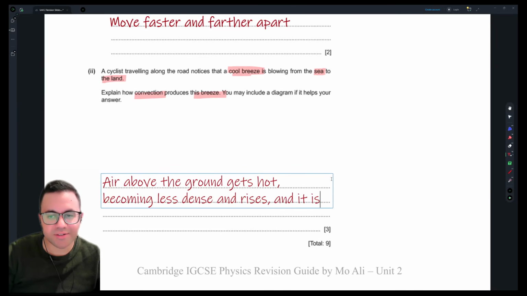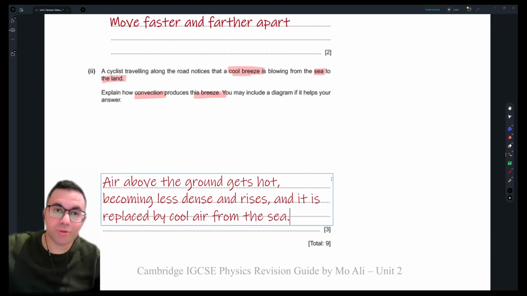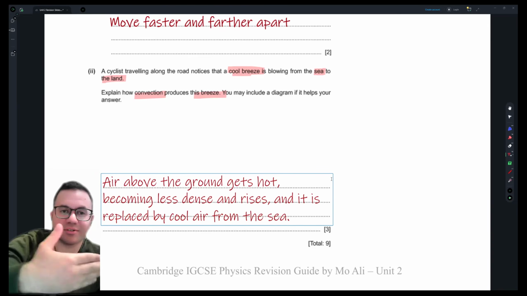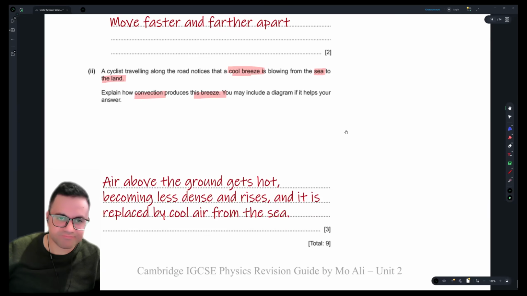And it is replaced by cool air from the sea. So cool air from the sea, from above the sea, comes in to replace it. You do not need to sketch. That's it. And that, ladies and gentlemen, is Unit 2.